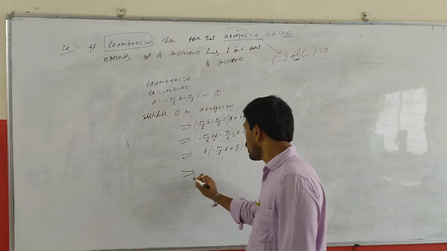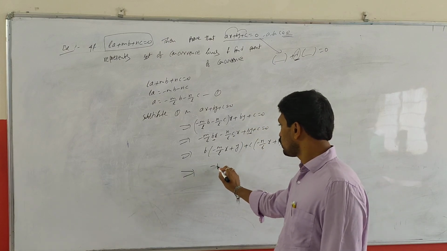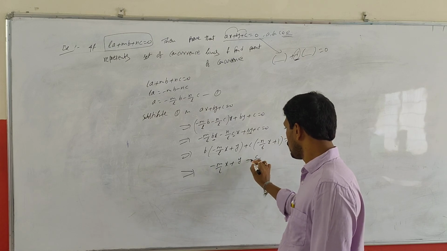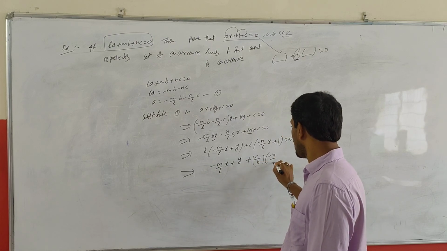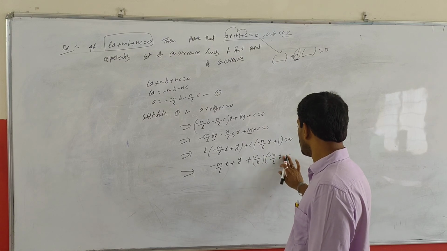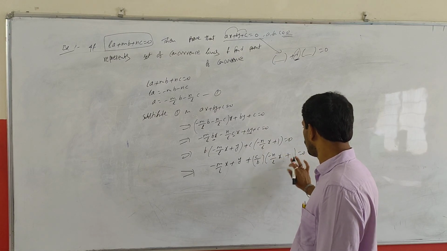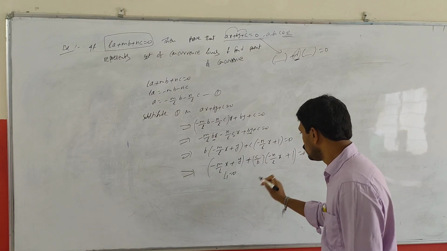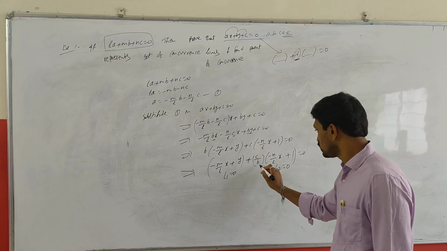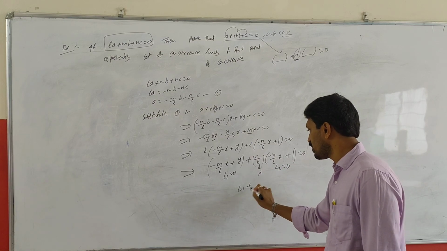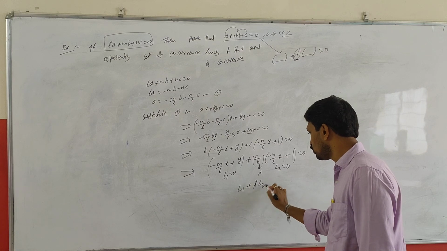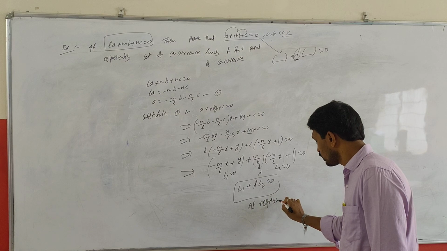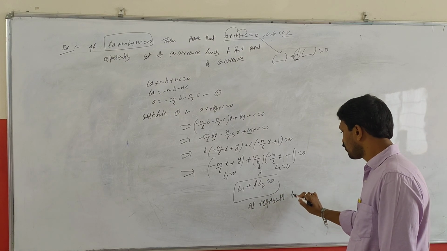If you divide the entire equation by b, then we have minus M by L x plus y plus C by B into minus N by L x plus 1 is equal to 0. So this is one equation, L1 is equal to 0. This is another equation, L2 is equal to 0. This is some lambda. So it is in the form of L1 plus lambda L2 is equal to 0. So what can you say? It represents a set of concurrent lines.